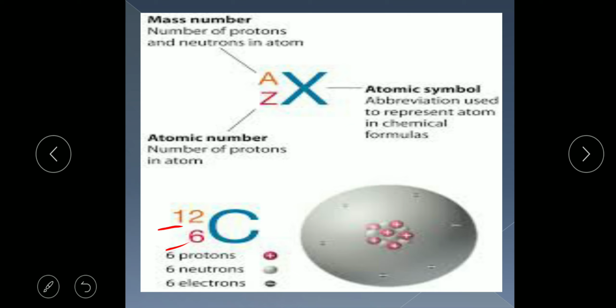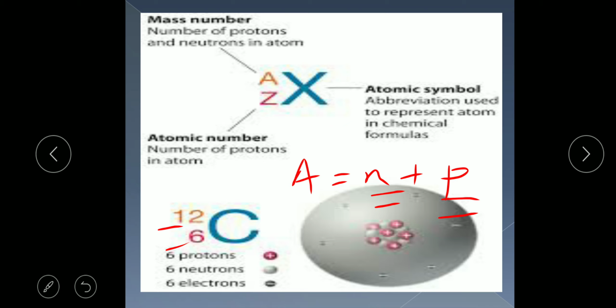Now tell me what 12 is denoting. 12 is denoting its mass number, that is A. Mass number is equal to the number of neutrons plus the number of protons, because these two are the only subatomic particles which have weight, whereas the electron has negligible weight, and these two particles are found in the nucleus. So atomic mass is equal to the number of neutrons plus the number of protons.